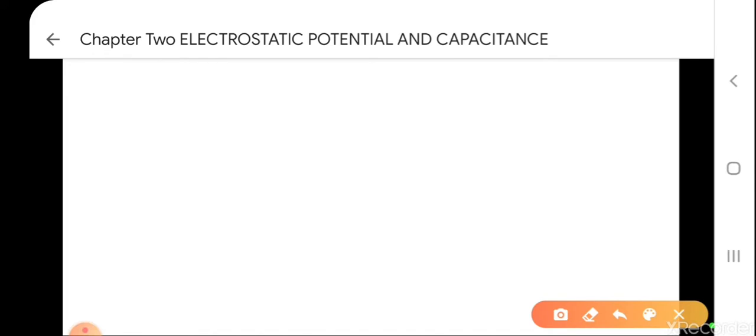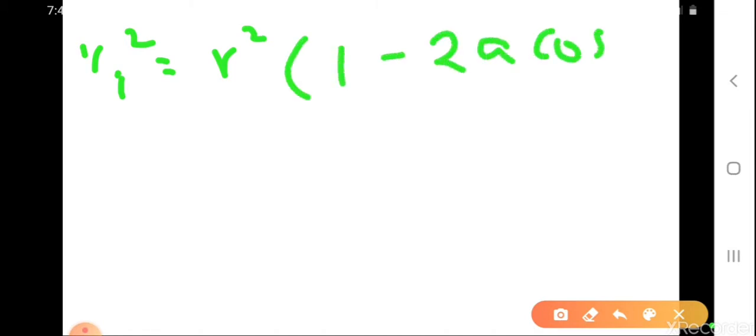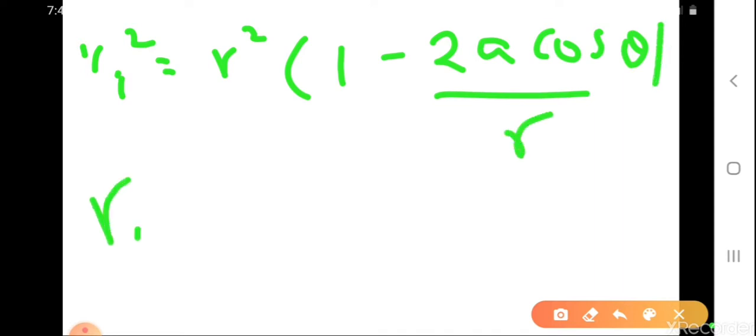Now from this we have to find out r1. r1 square is equal to r square into 1 minus 2a cos theta by r. From this you find out r1.